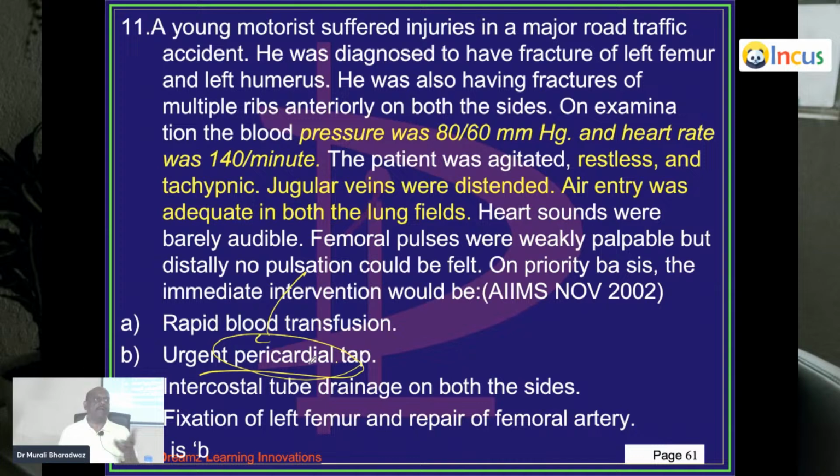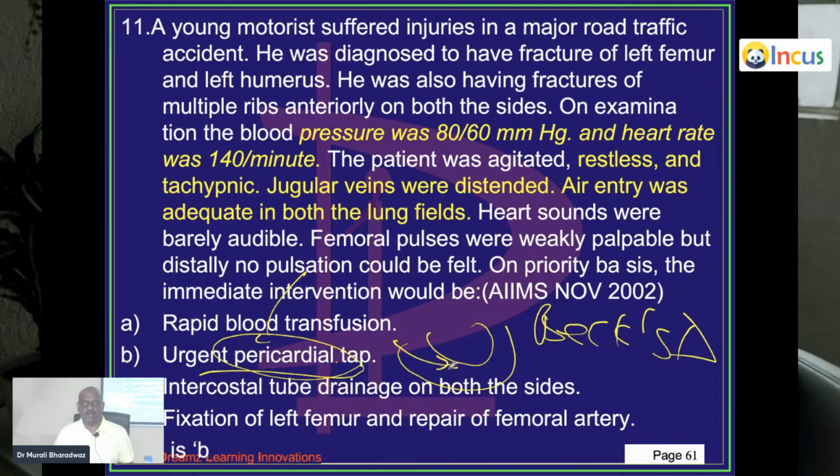So whenever cardiac tamponade is there, what is Beck's triad? Beck's triad: there is a lot of fluid around the heart. It will compress the heart. What is the hallmark? If you do a 2D echo, you have to demonstrate diastolic collapse of the ventricle.